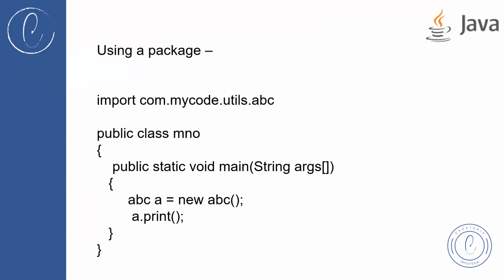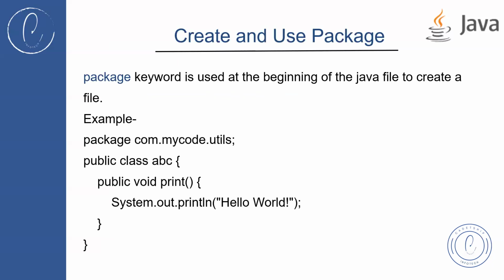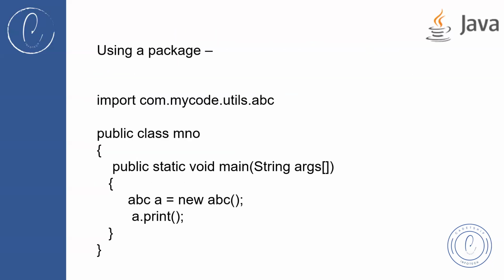I'm going to just import com.mycode.utils.ABC. In my MNO class, now I have successfully imported the package. Now I can create an object of my ABC class and use it to call the function print from my ABC class. This is how we use a user-defined package in our code.